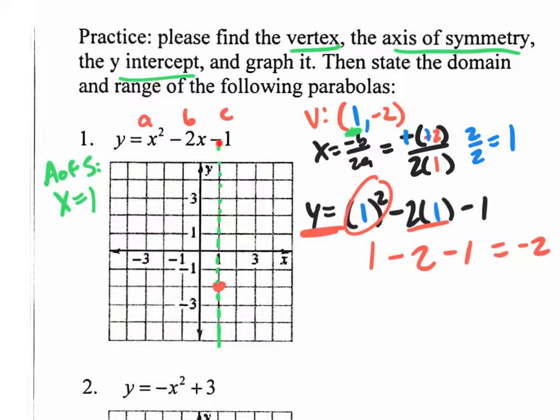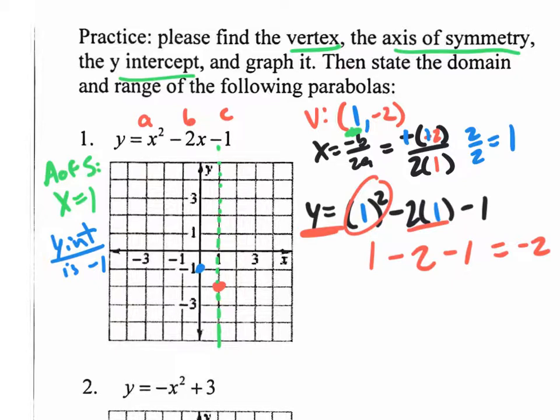The c value. Negative 1, right? Because 0 squared is 0, 2 times 0 is 0, 0 take away 0 is 0. 0 minus 1 is negative 1. So the y-intercept is negative 1. Okay? Put a dot right there.